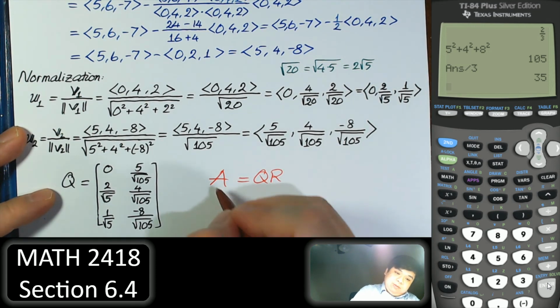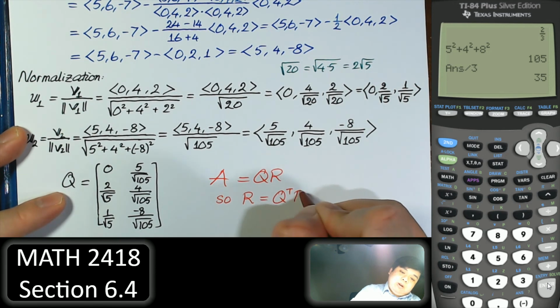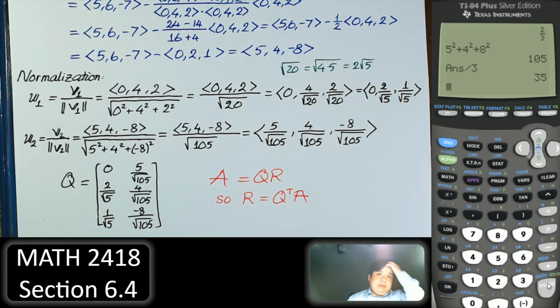So R is equal to Q transpose, or Q transpose A, sorry.